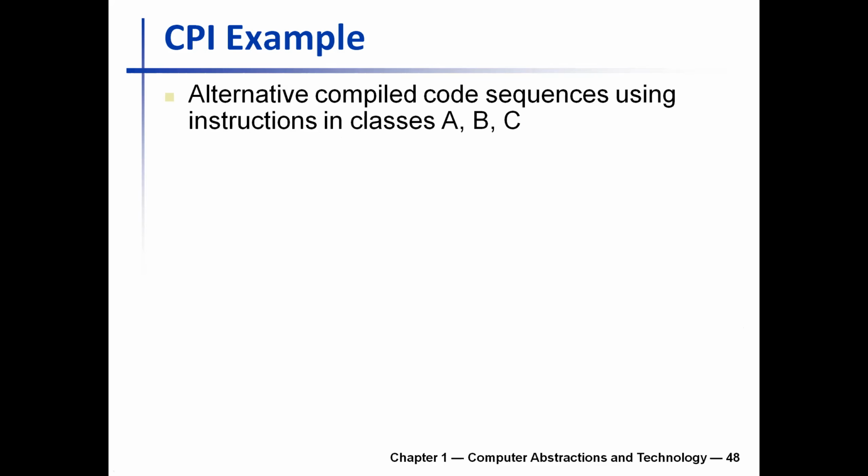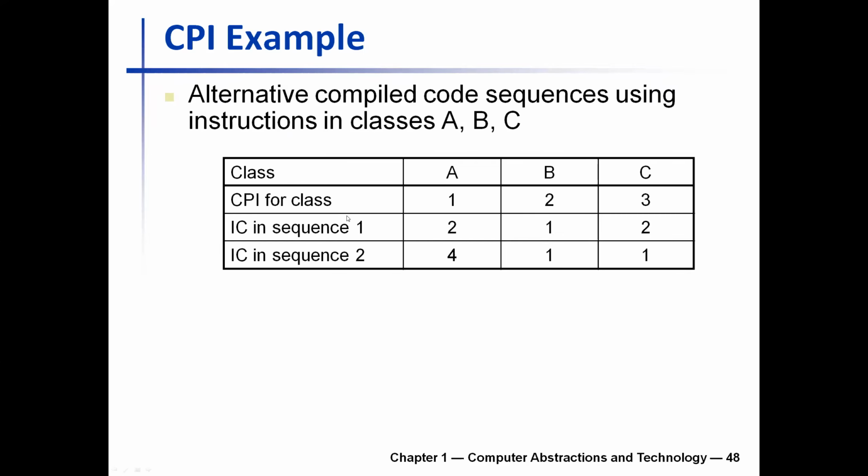Okay, another example to understand this better. We have the same program, but compiled in different ways by a compiler, right? We have alternative compilations of the same code using these different classes of instructions.